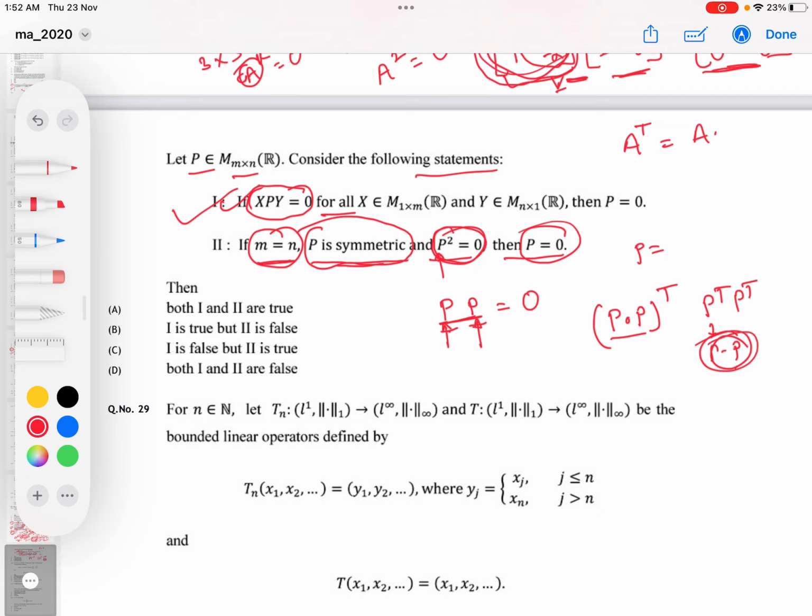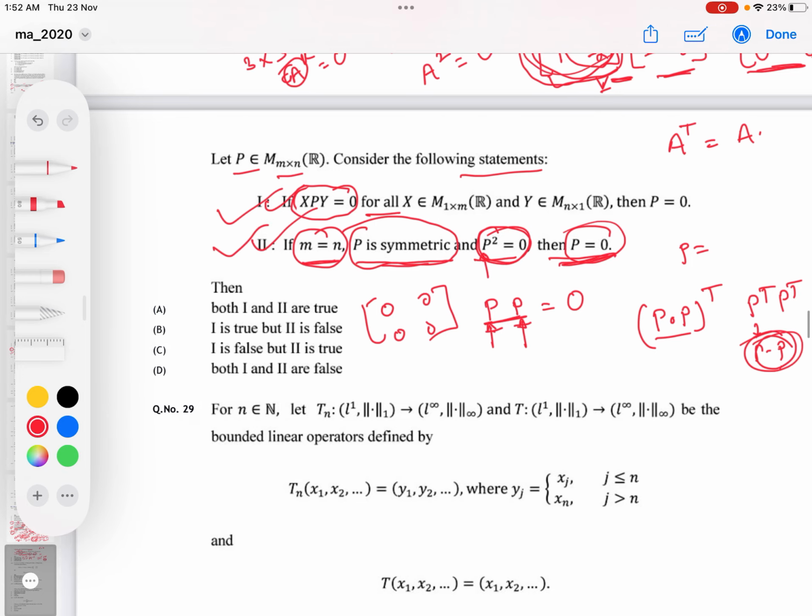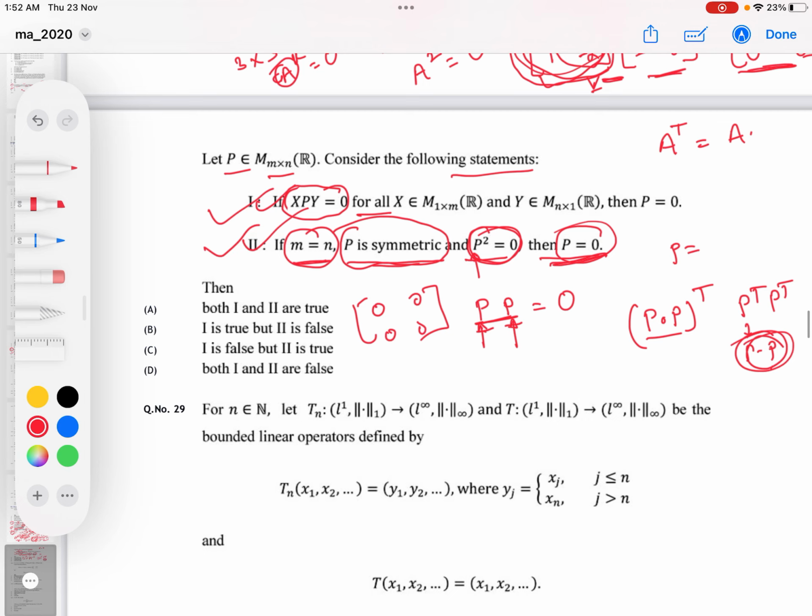So we have only one symmetric matrix that is also nilpotent, and that matrix is the 0 matrix, right? So both statements are true. So the correct answer for this question 28 is A.